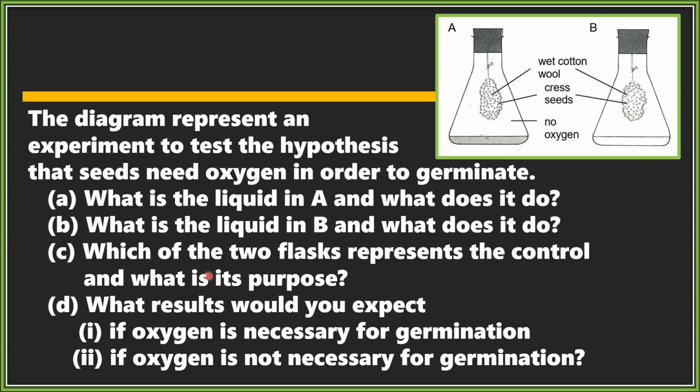C. Which of the 2 flasks represents the control and what is its purpose? D. What results would you expect? From number 1, if oxygen is necessary for germination, and number 2, if oxygen is not necessary for germination.